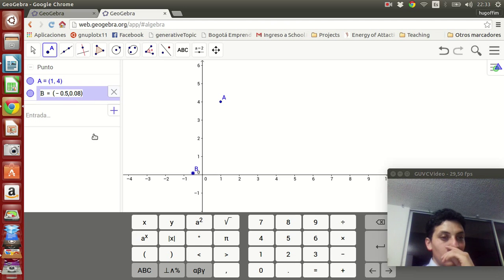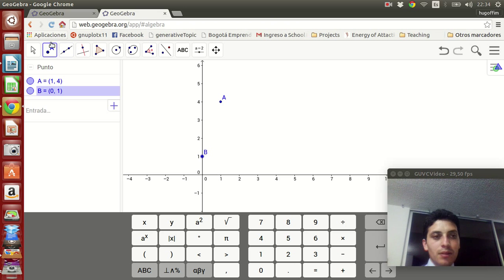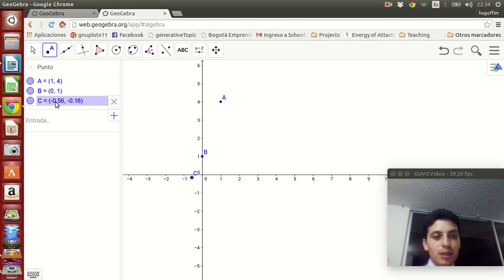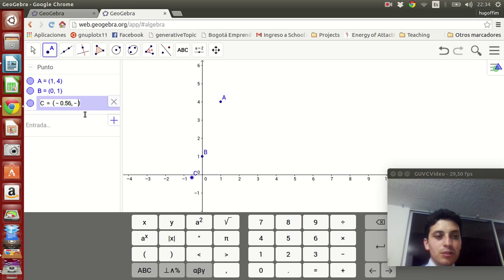So the other points of intersection are x0, 0, and y is 1. This is the other point of intersection. The other point is for y equals 0.